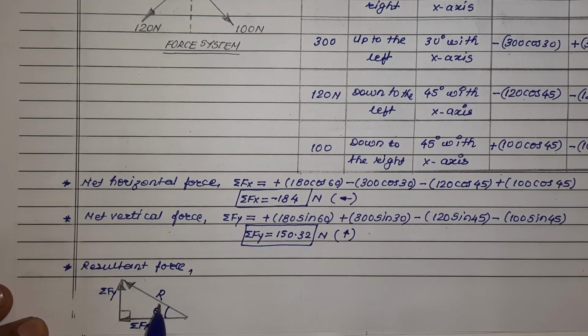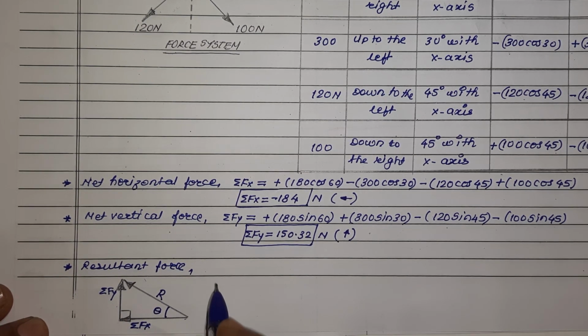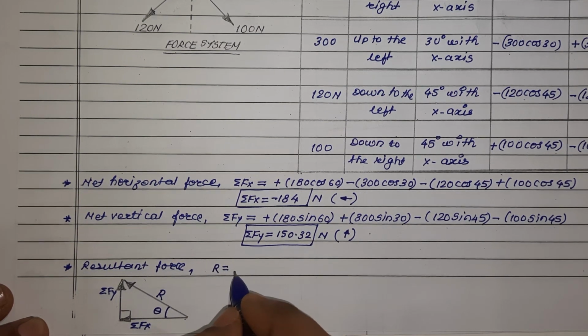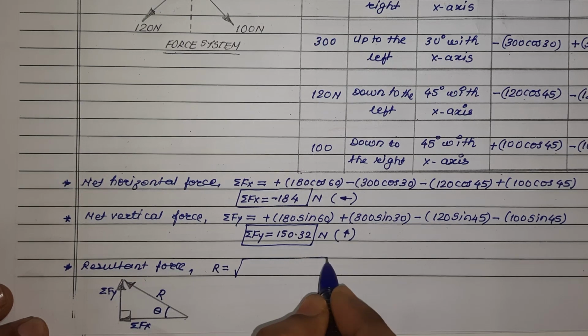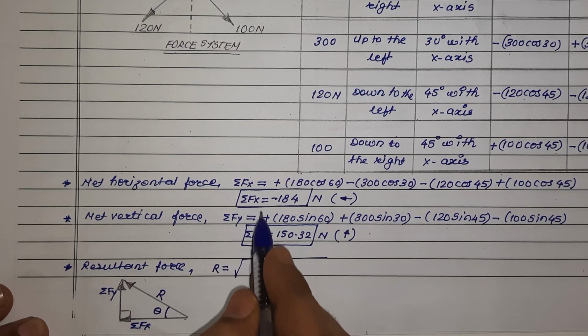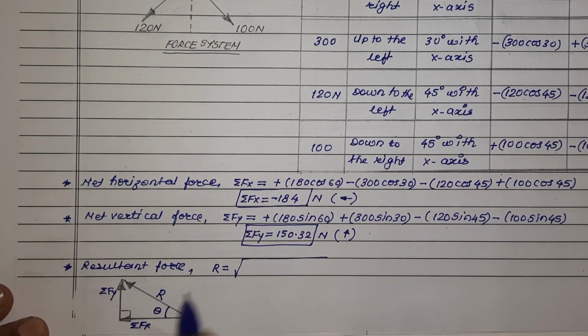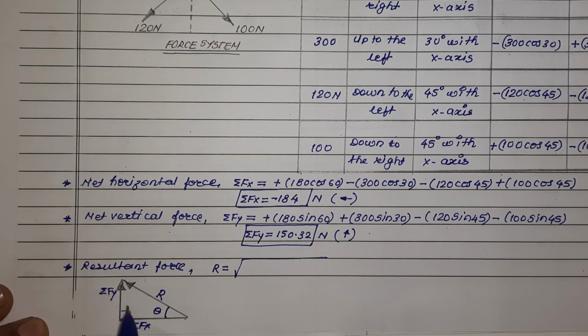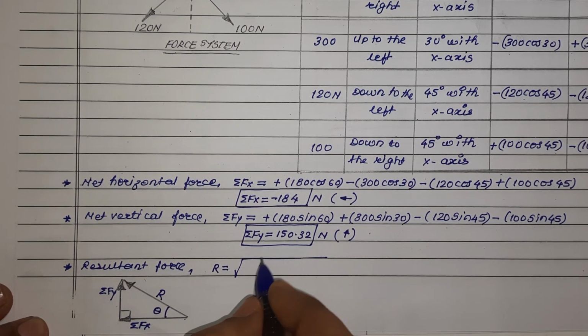Now using Pythagoras theorem, we can find out the resultant. Hence, resultant force R is equal to under root of sigma Fx square plus sigma Fy square. How much is sigma Fx?